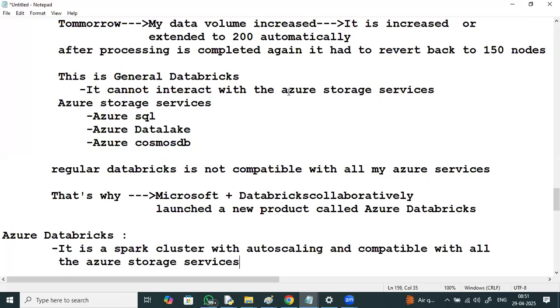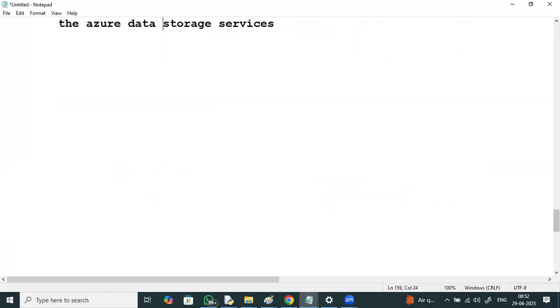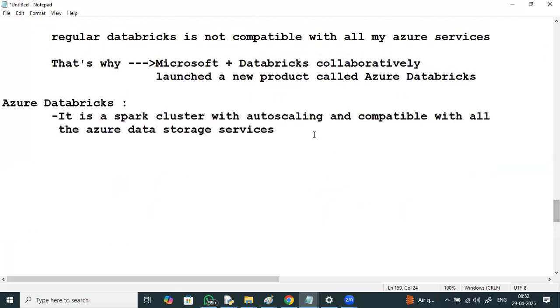But for reading and writing, it has to interact with Azure storage. For being compatible with those Azure storage services, Microsoft and Databricks collaboratively launched a new product called Azure Databricks. So it is a Spark cluster with auto scaling and compatible with all the Azure data storage services.